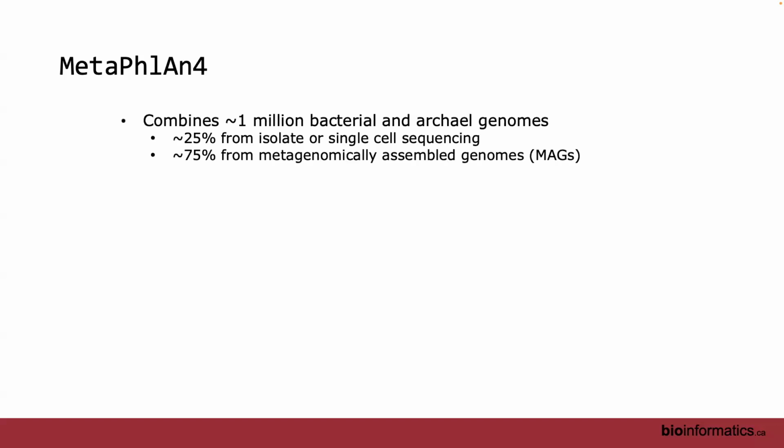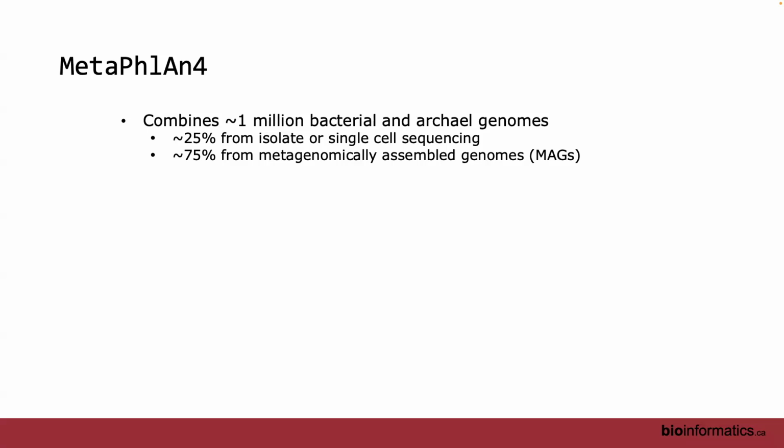Okay, so one of the tools you will be using is MetaPhlAn in the lab, and the other is going to be Kraken, which I'll mention in a minute. But MetaPhlAn 4, anyway, basically starts with a very large number of bacterial and archaeal genomes. A lot of those are from isolate or single cell sequencing, so sort of more traditional sources.